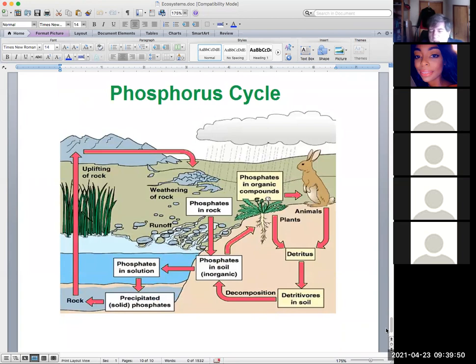So let's look at the phosphorus cycle. And the phosphorus cycle, we're going to see, at least in one way, is the opposite of the nitrogen cycle. Because in the phosphorus cycle, the geological processes are so slow, they make this whole cycle very slow. And that's also why phosphorus is relatively rare in a lot of environments.